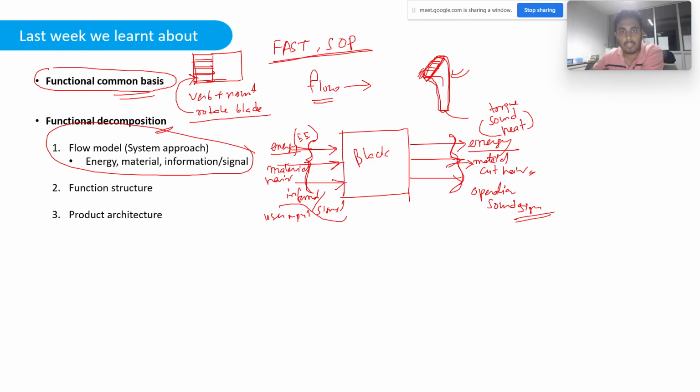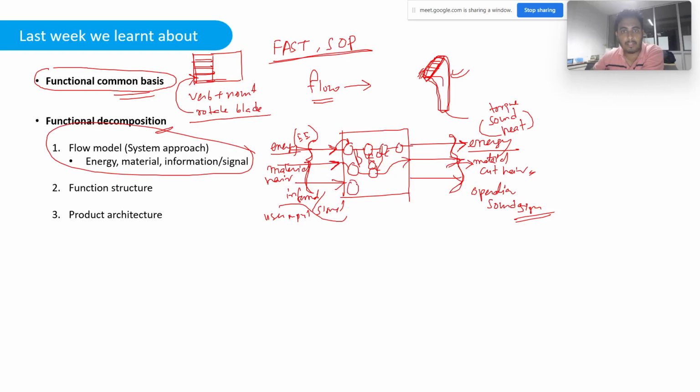Once we arrive at these inputs and outputs in the initial phase, we start analyzing the requirements inside the system. How can this particular energy be converted into this particular energy? Similarly, how can this particular material be used within the system to come up with this particular material output?